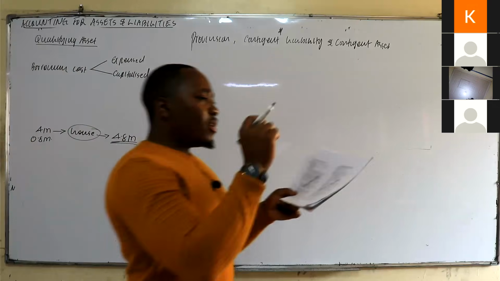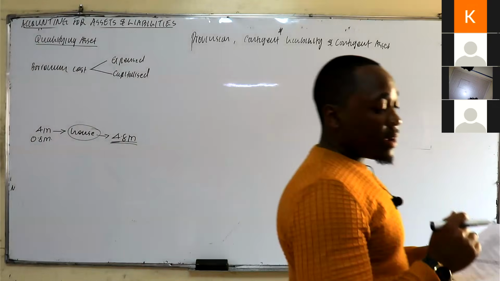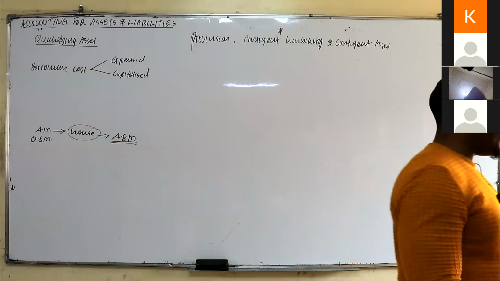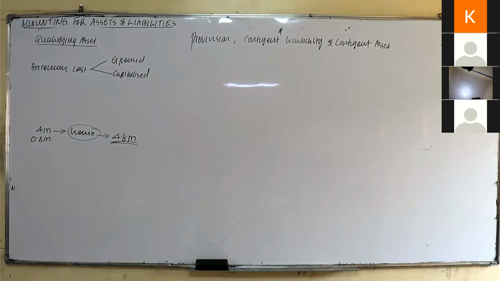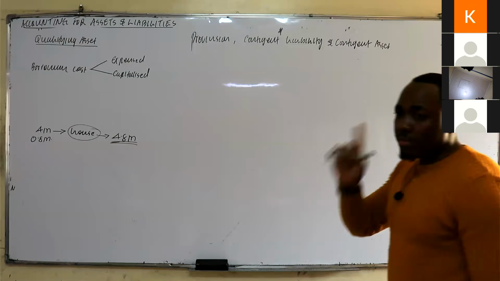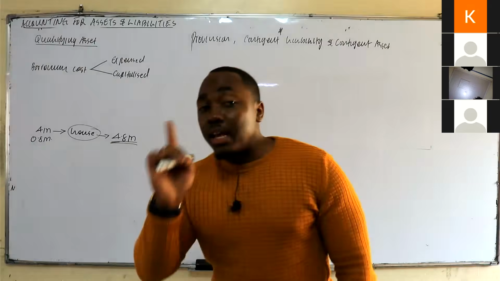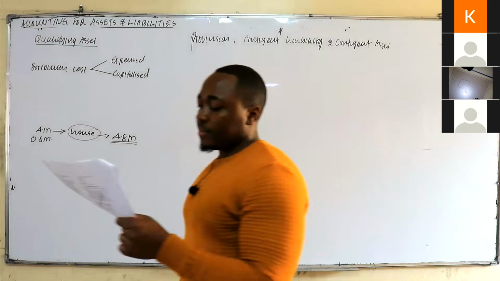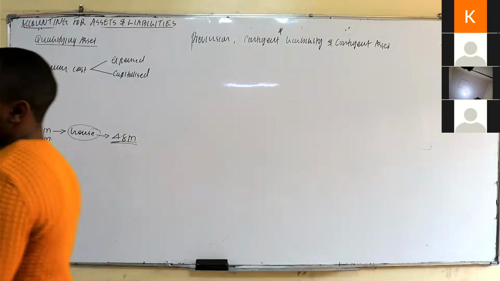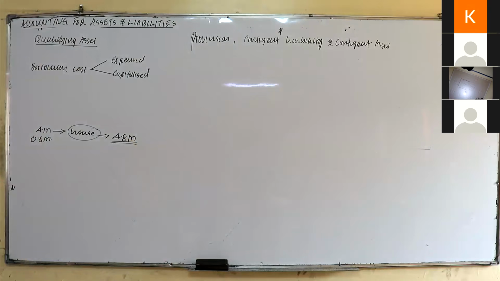It's a possible obligation, so you have to mention that it's an obligation. It's a possible obligation that arises from the past event and whose existence will only be confirmed by either the occurrence or non-occurrence of future uncertain event, not wholly within the control of the entity.